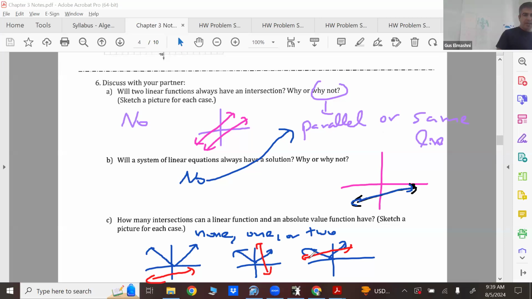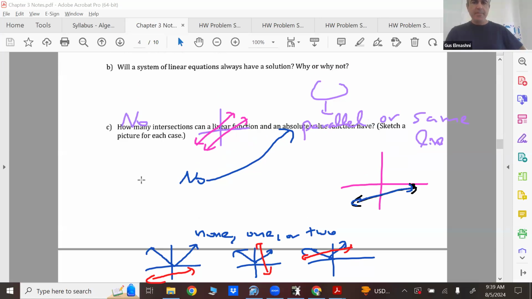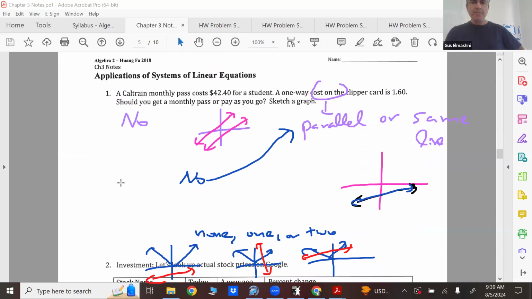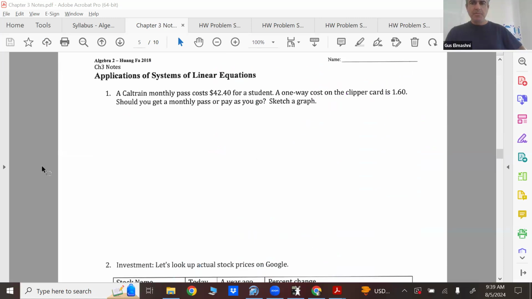Okay. I think now we get into word problems. So a Caltrain monthly pass costs $42.40. A one-way ticket costs on the Clipper card $1.60. Should you get a monthly pass or pay as you go? It's a little tricky.